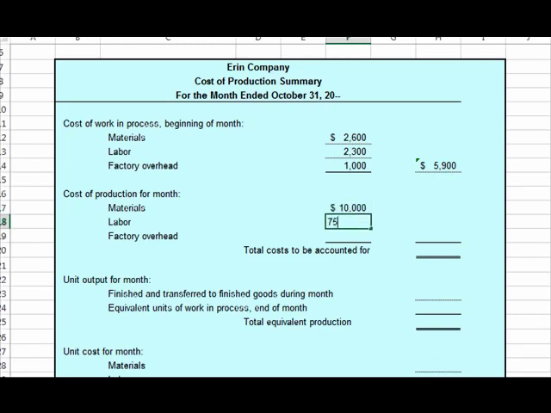Labor, 7,500. And factory overhead, 6,000. We'll sum those as well: $23,500. All right, now we're going to add the 5,900 and the 23,500 to get our total cost to be accounted for the month of October, 29,400, and we're going to work our way back to that number down here.